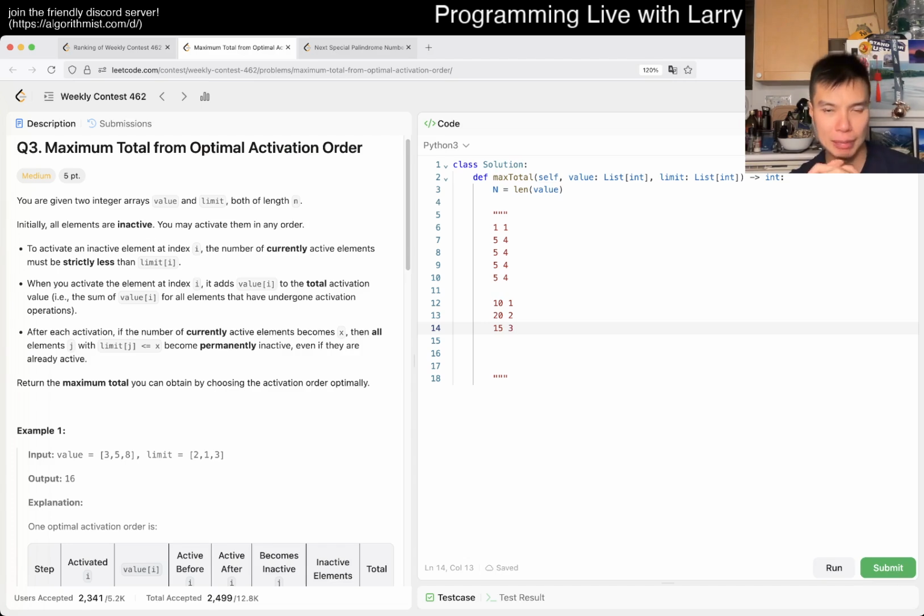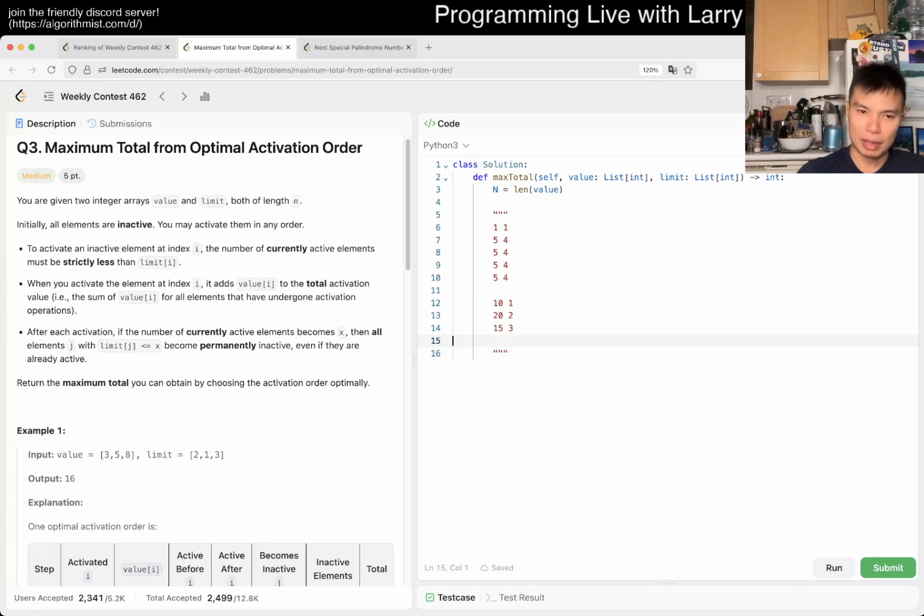Okay, so given the same limit, we definitely want to sort within the same limit, right? Then the question is, how do you do it? Oh, heap on the limit, huh? Heap on the limit, and then figure out how many you want to keep along the way. Okay, I mean, I guess.